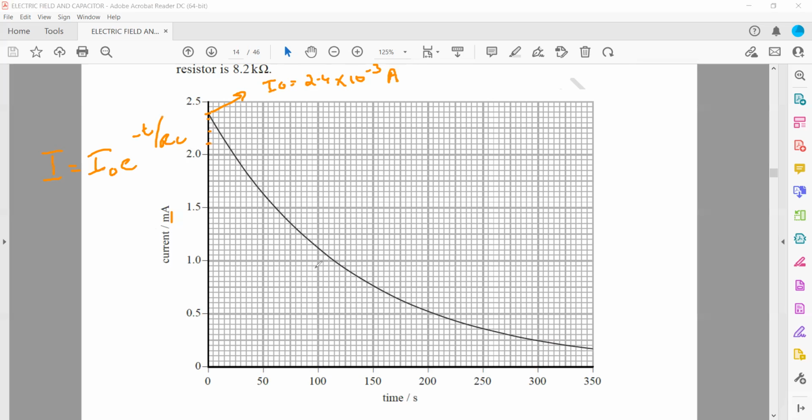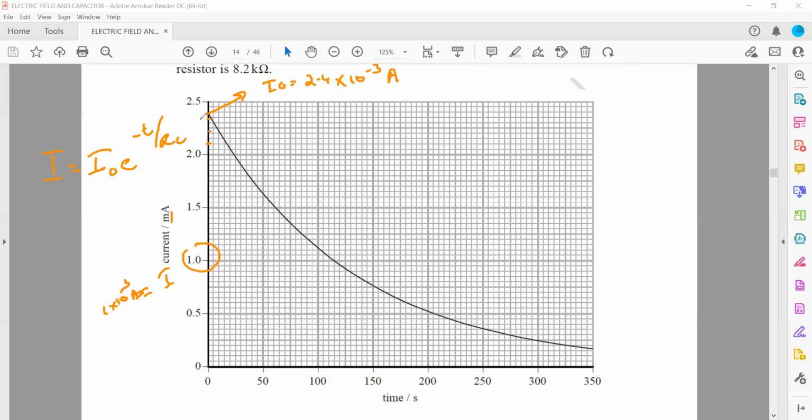Then what about I? You can take any of them as I. It's up to you, because then you need a specific time interval. For example, I'm taking this 1 milliampere as I. So this will be I, which equals 1 into 10 power minus 3 ampere. And what about the time interval?